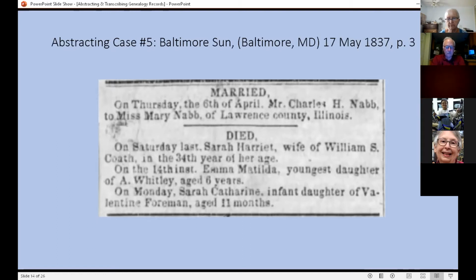We've had cases, for example, on the second one with Emma Matilda Whitley, where someone doing an abstract may mistakenly forget that it actually says youngest daughter and leave out the word youngest and just put daughter of. And that could be a very vital piece of information.